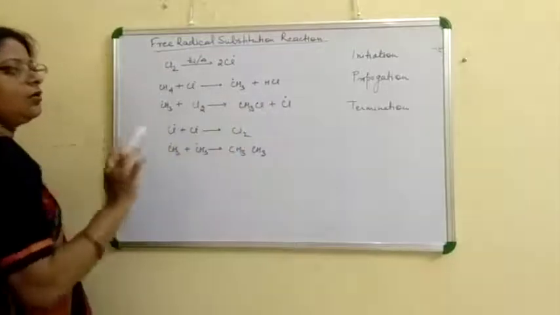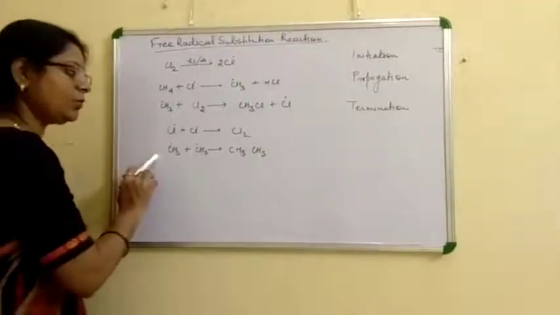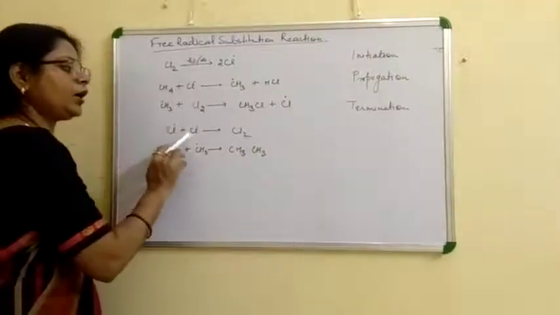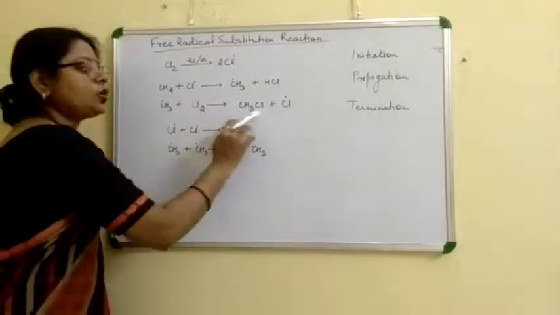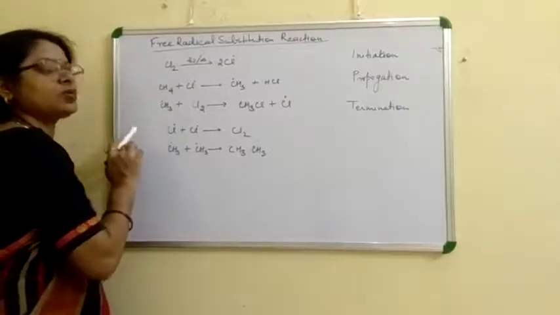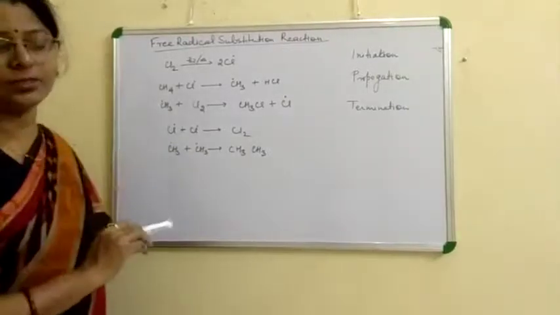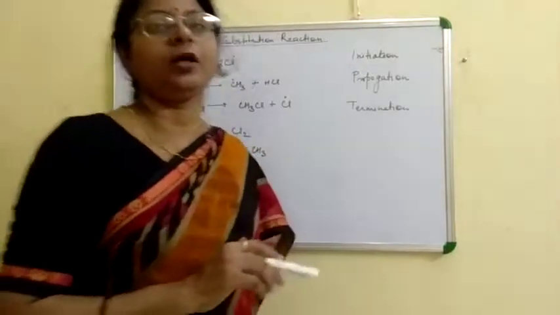This is known as the propagation step. The last step is the termination step, where two free radicals combine together to form a new molecule. So halogenation of the alkane takes place by free radical substitution reactions. So this is all for the substitution reaction.